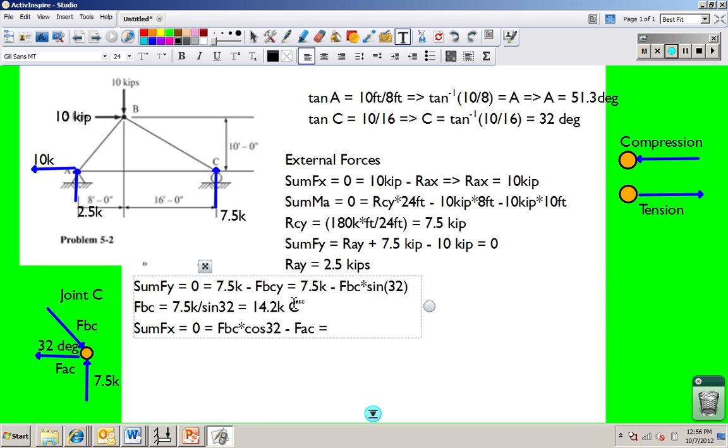So that's going to be equal to 14.2 times cosine 32 minus FAC, and then from there we get FAC is equal to, what did I get here?